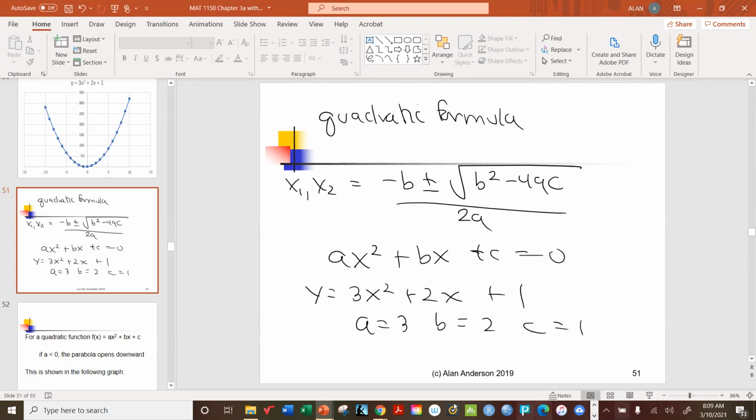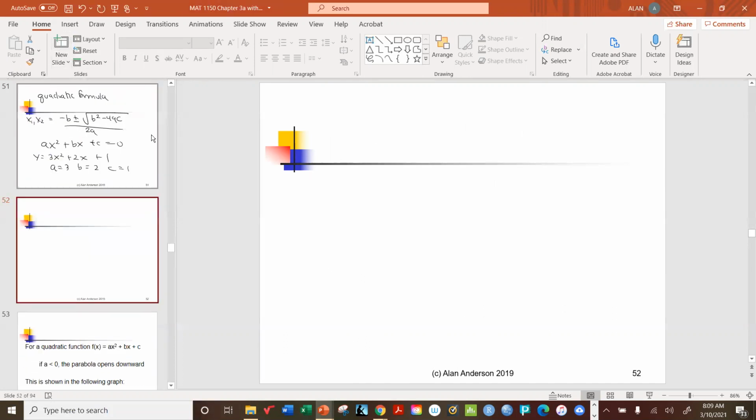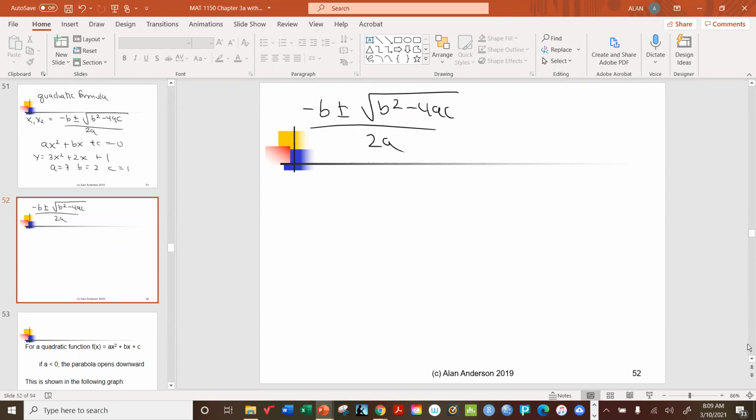All right, and so let's plug those in and let's see what we come up with. So again, minus b plus and minus the square root of b squared minus 4ac all over 2a. And so a is 3, b is 2, c is 1.